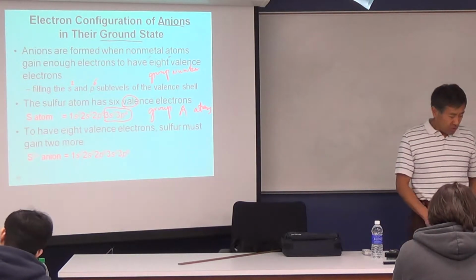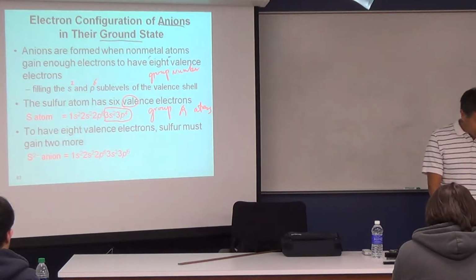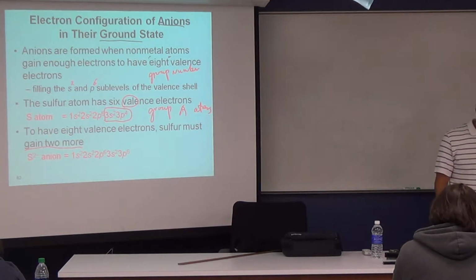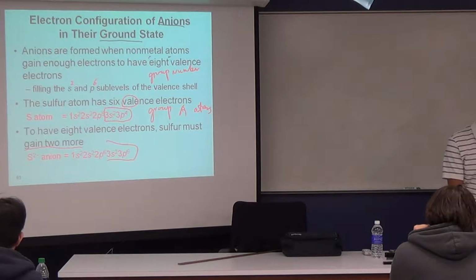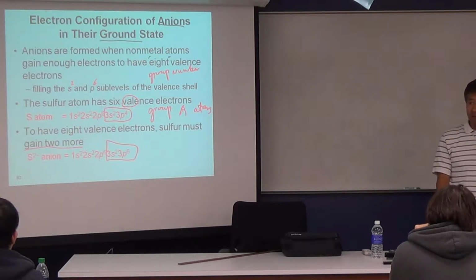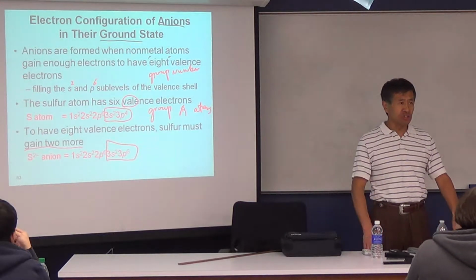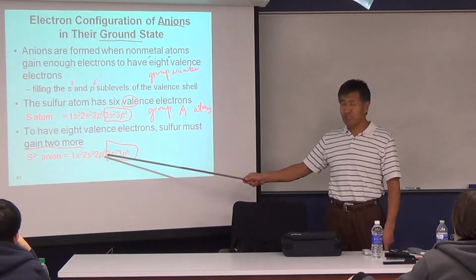So therefore it can react with some other atoms and gain 2 more electrons and become a configuration like this. I circle these last 2 subshells because these are the only 2 subshells that make up the valence shell. The other electrons pretty much stay the same.